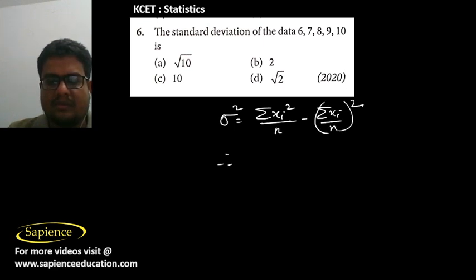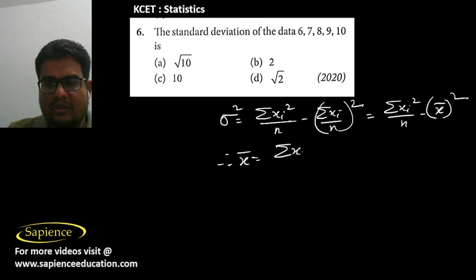So first we have to find the mean, that is summation xi by n. Here n, the number of observations, is 5, and for summation xi we simply add 6 plus 7 plus 8 plus 9 plus 10, divided by 5.